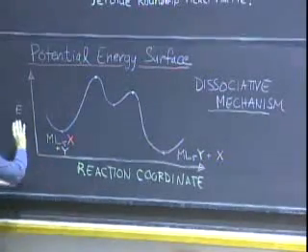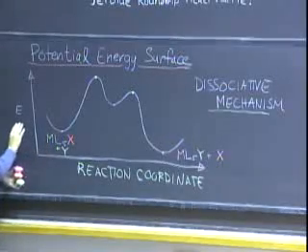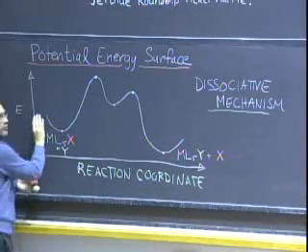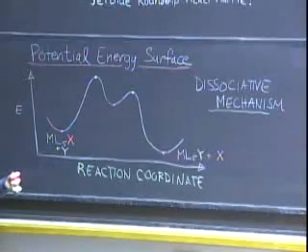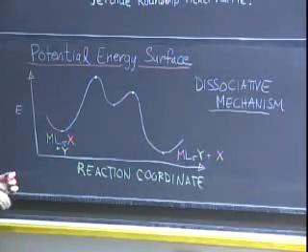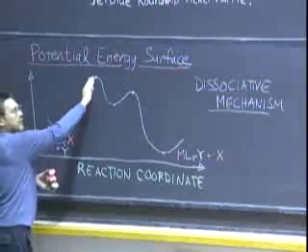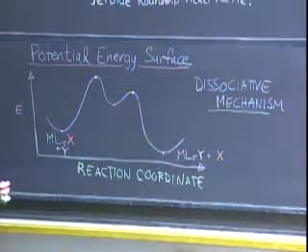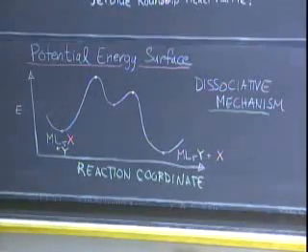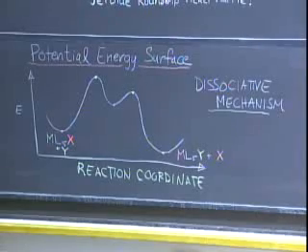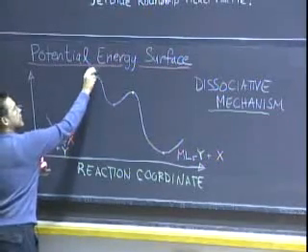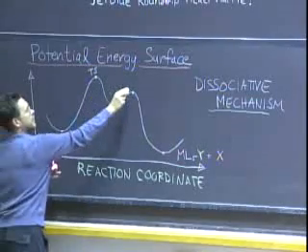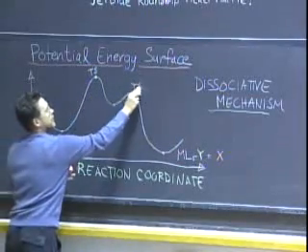This is a two-dimensional diagram, and what it really represents is a two-dimensional slice through a three-dimensional surface that has hills and valleys on it. Okay? And these hills on the potential energy surface represent energy barriers to a chemical reaction. So at these points of high energy we have what we call transition states.